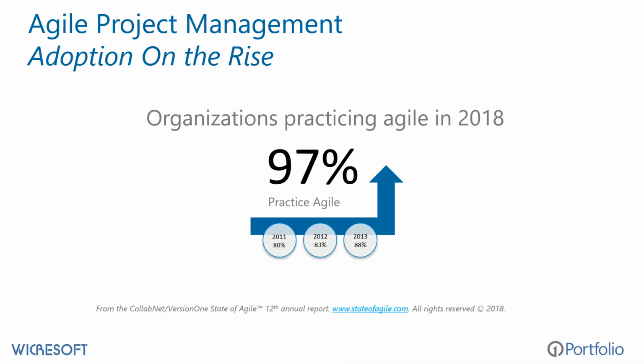There is a State of Agile survey done by VersionOne, which is now CollabNet VersionOne, and the 12th edition of that came out in 2018. What's telling is that the survey says 97% of organizations are practicing Agile somewhere in the organization. Maybe not across the board, but somewhere.